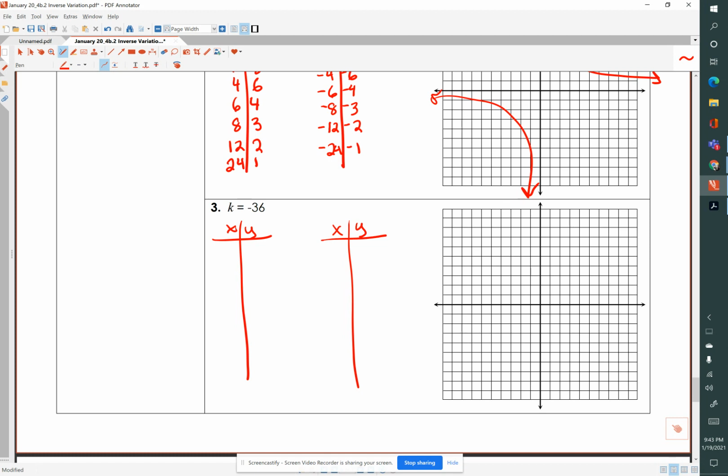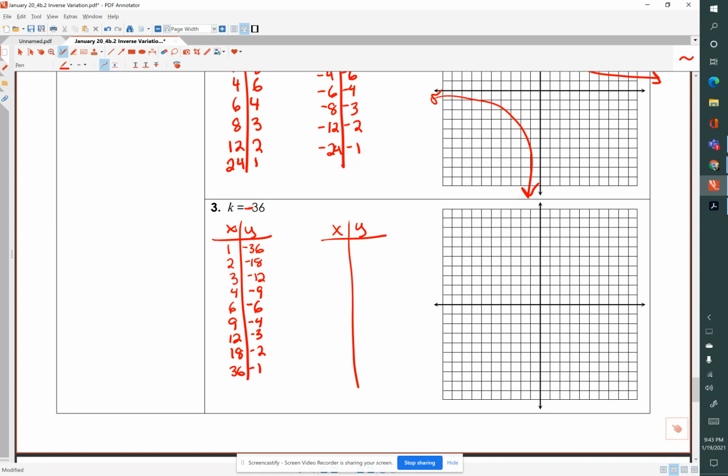Now we need to multiply to negative 36. So that would be a positive 1 and a negative 36. Let's make all the x's positive and all the y's negative. Positive 2 and negative 18, positive 3 and negative 12, positive 4 and negative 9, positive 6 and negative 6, positive 9 and negative 4, positive 12 and negative 3, positive 18 and negative 2, and positive 36 and negative 1.